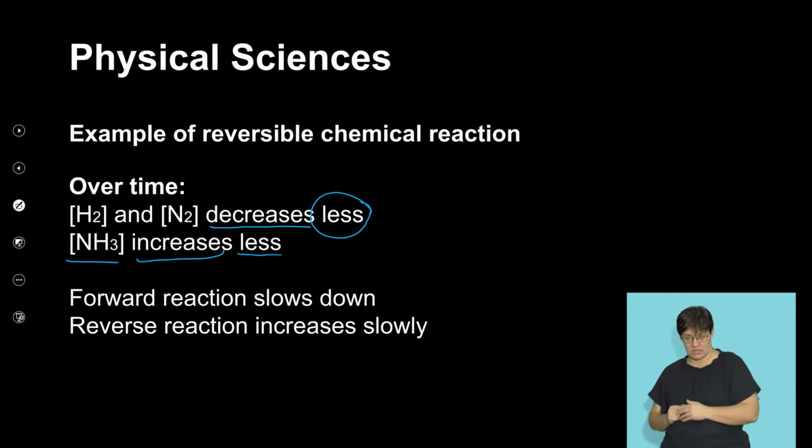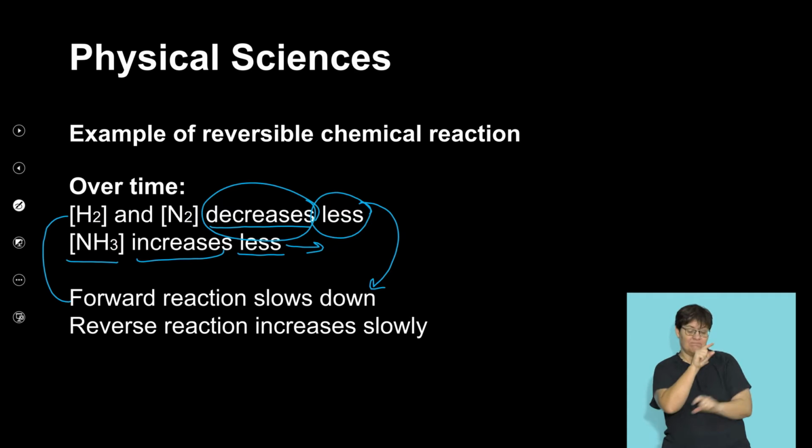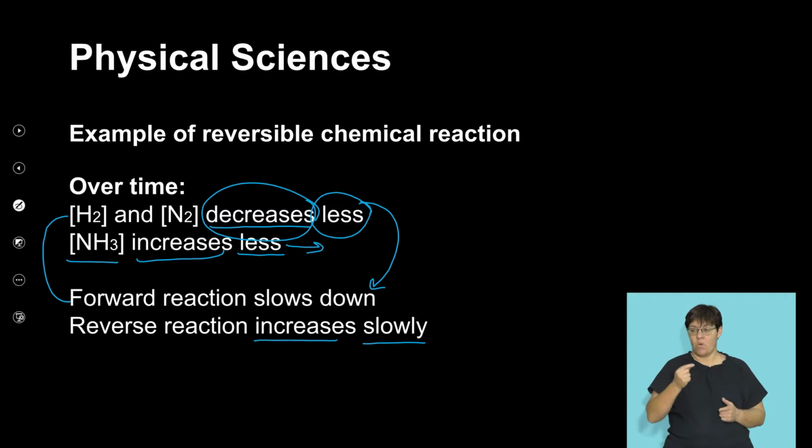It also increases less per unit time. So even though this reaction starts to increase the rate, it's not as fast as before. So the forward reaction now actually slows down because of this decrease. And the reverse reaction increases slowly because of the increase of my ammonia concentration.